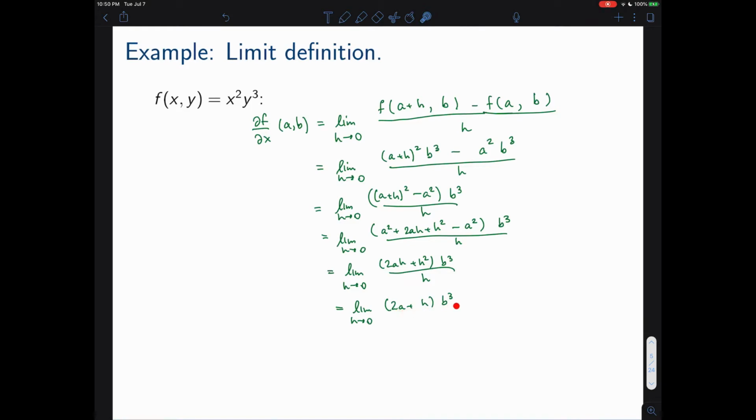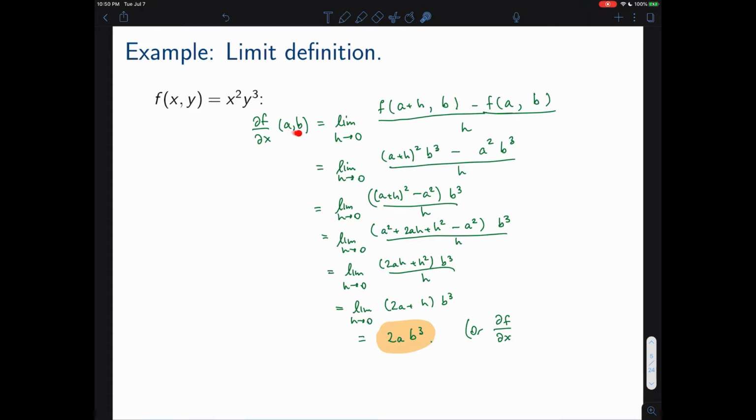This, where we are now at the end of what we've written so far, is much simpler than what we started with. And now we can take the limit. When h approaches 0, this just approaches 2a times b cubed. So that's the partial derivative, or a lot of times this will just be written as partial f of partial x.